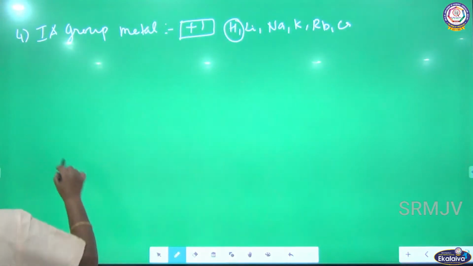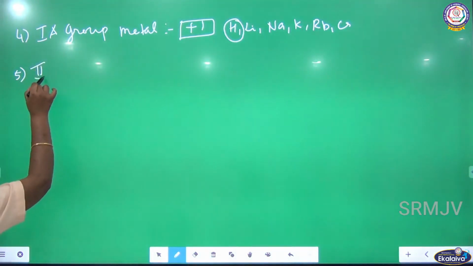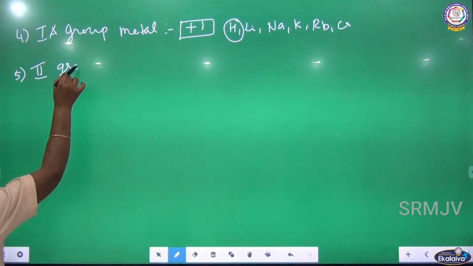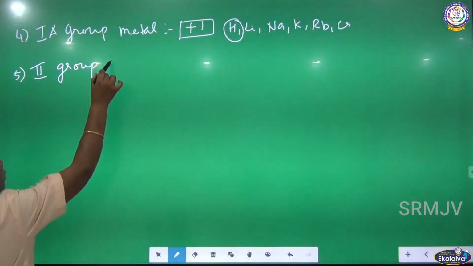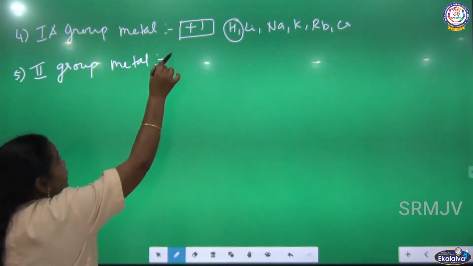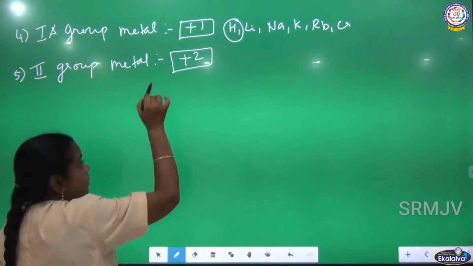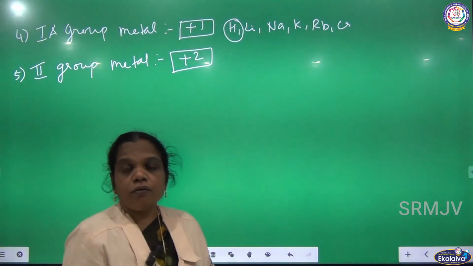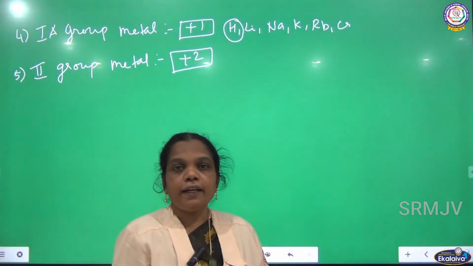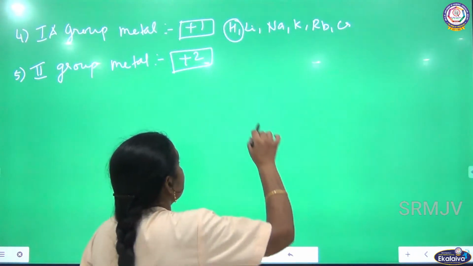And then the next one, second group metals. Second group metals show the oxidation state of +2, because these are the alkali metals. First group and second group, the alkali metals, show +1 and +2 oxidation.